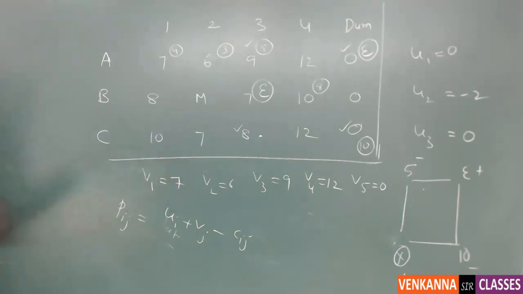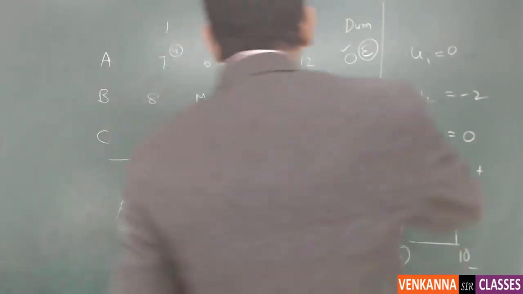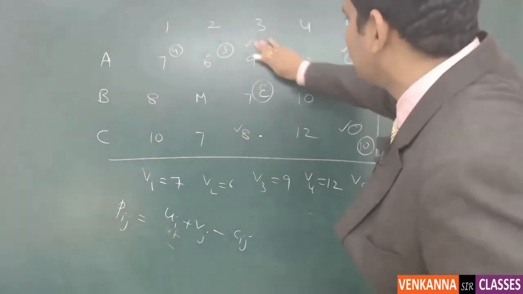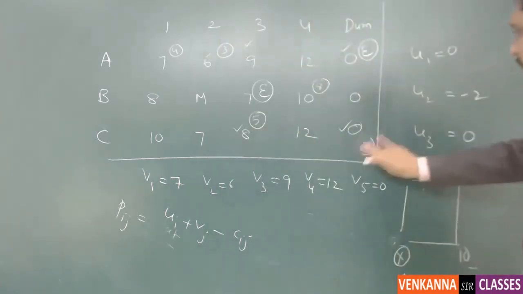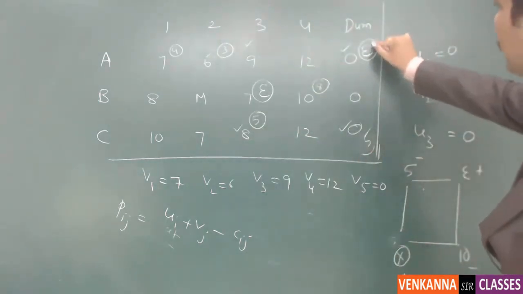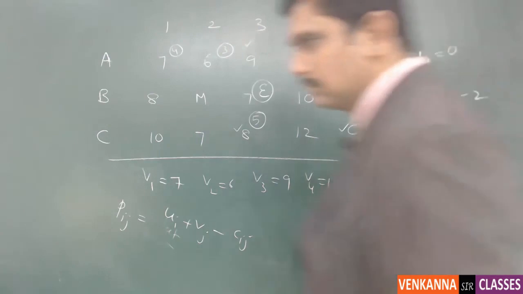So among the negative signed ones, which one is the smallest? 5. So we need to subtract 5 from the negative signed ones, and the same thing should be added to the positive signed ones. If you do that, it will become a non-basic cell. Here you will get the allocation 5, and it will become epsilon plus 5. Am I correct?